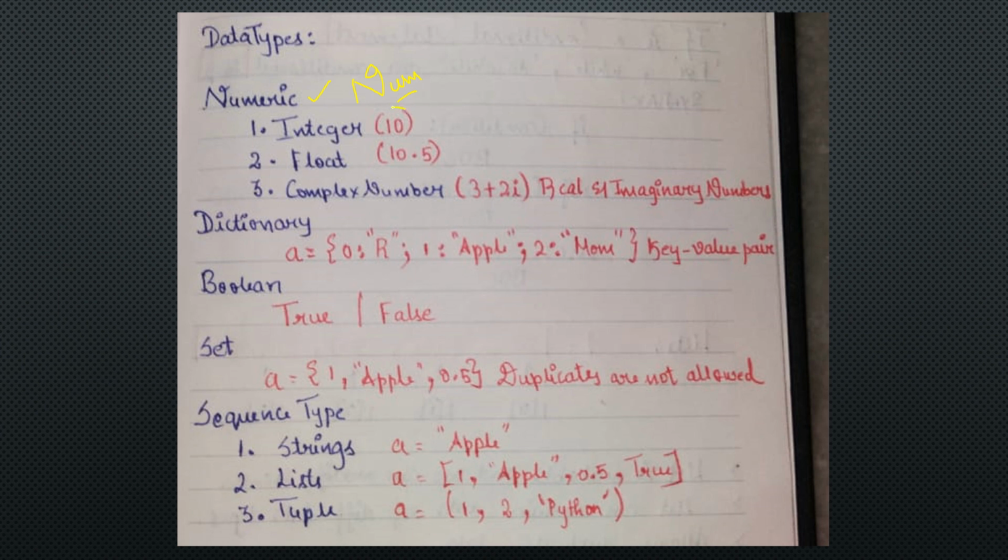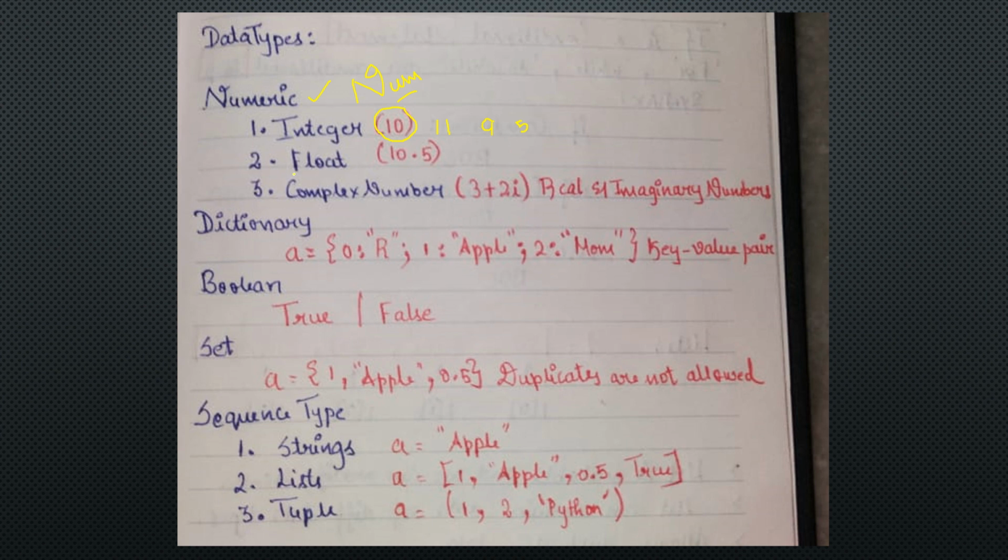You can see that I've written an example beside it. A 10 we call an integer data type, because all the whole numbers are integer data types. 11, 9, 5, all these are integer data types.